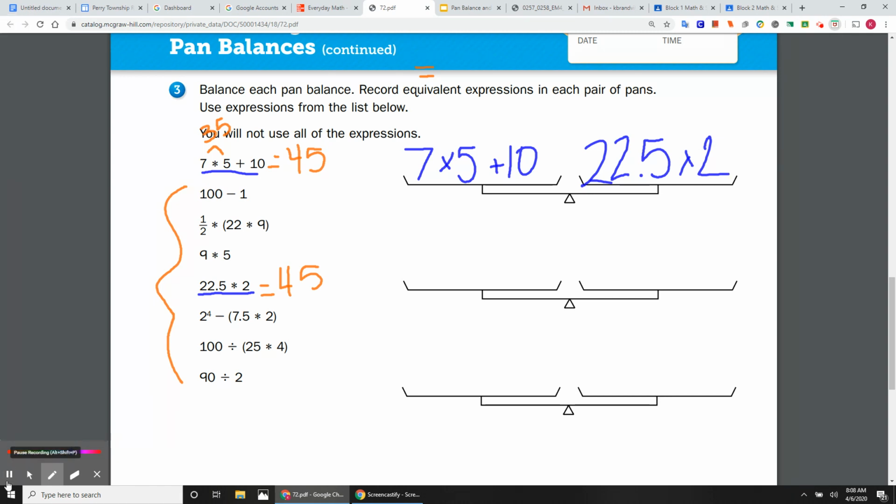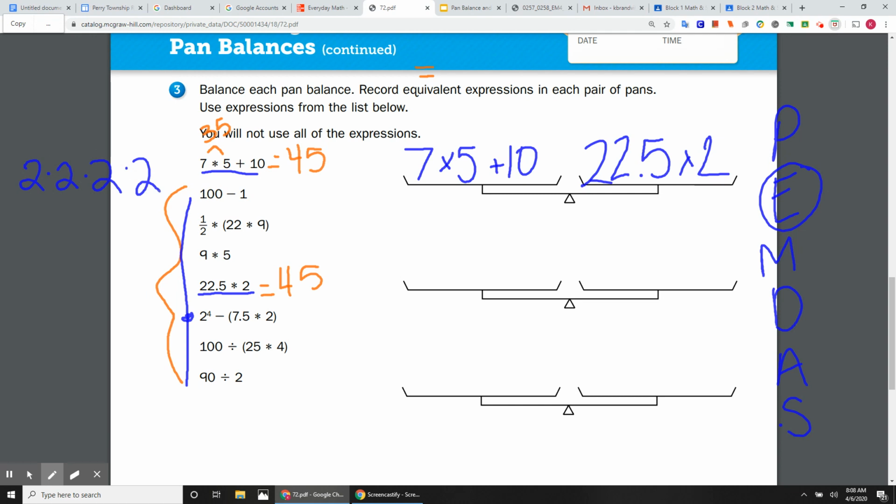So next, I want you to do the next two pan balances. When you're solving these equations on the left, remember to follow the order of operations. So first you're doing parentheses, then exponents, then multiplication and division from left to right, and addition and subtraction. Remembering that exponents, like right here, where you have 2 to the 4th power, that is like 2 times 2 times 2 times 2.